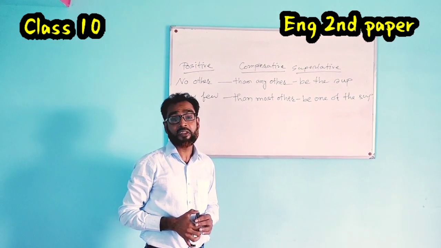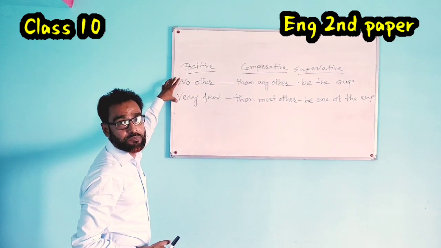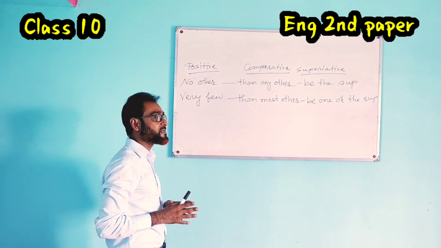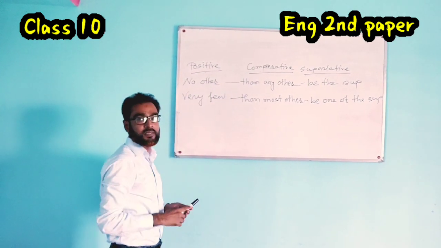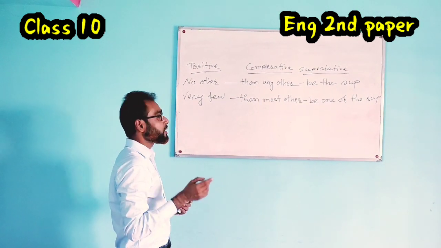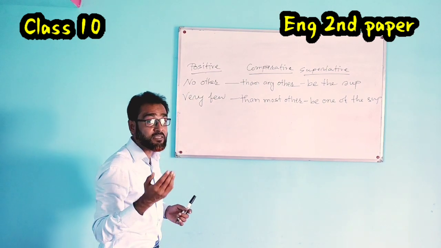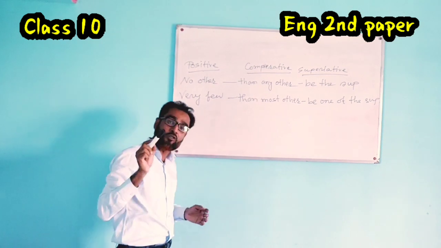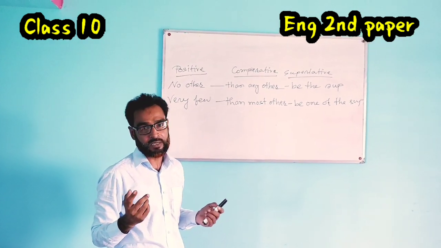We can detect them individually by using the frame. If you find any sentence begins with no other, that is positive. Or if you get any sentence begins with very few, that is also a sentence of positive degree.